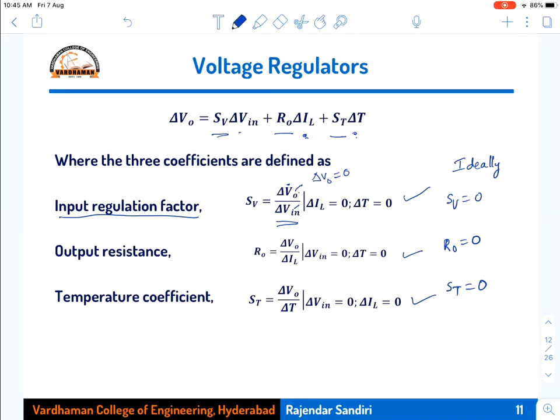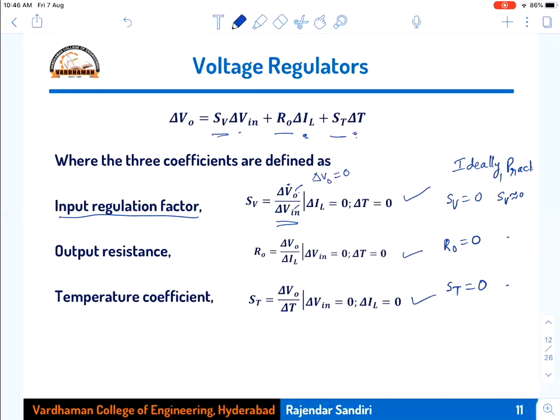But practically, these values should be as small as possible. SV should be approximately equal to 0, or very close to 0. This also should be close to 0, and this also should be close to 0.